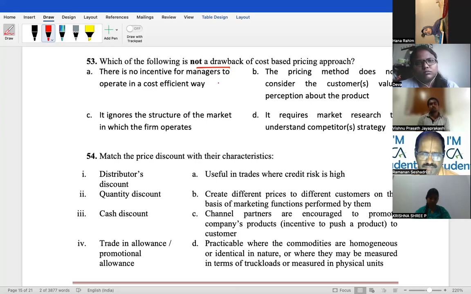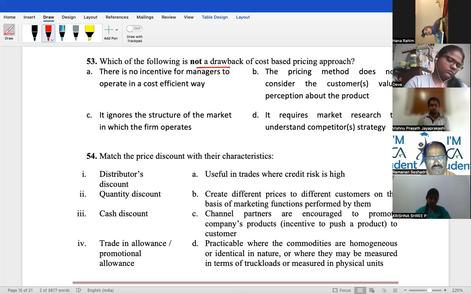C, it ignores the structure of market in which the firm operates. D, it requires market research to understand competitor strategy. So, what is the right answer? It requires research to understand the competitor strategy. D is the correct answer. Not a drawback.